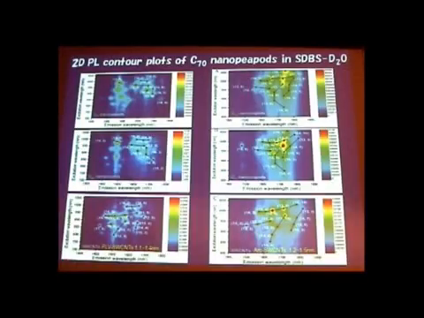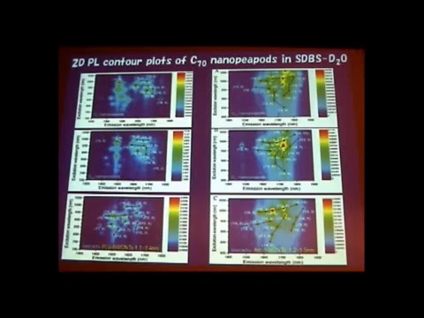And then our spectroscopists did careful experiments. I think it's too detailed, but briefly I'll go through it. We have two types of nanotubes because we cannot have just one type of tube. Our specimen always has some distribution.